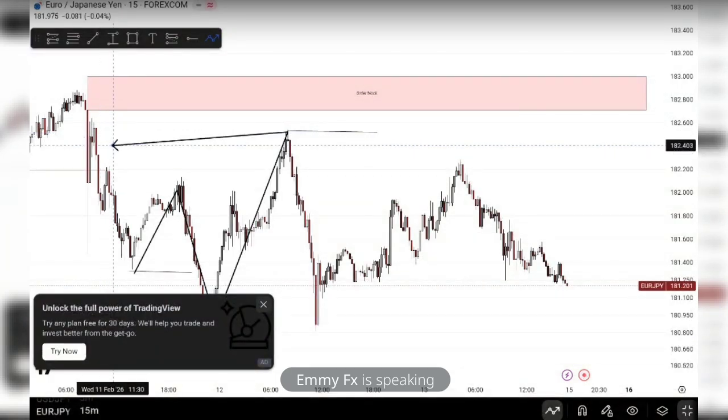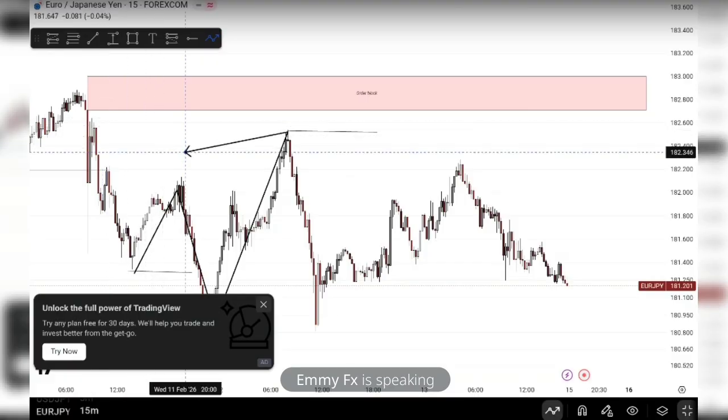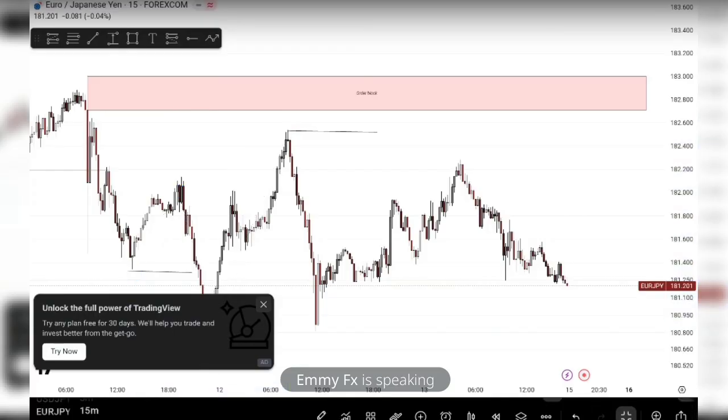Price was supposed to fill that order block, but didn't. Price returned back from this engineered liquidity, and now it has returned back to that liquidity zone.